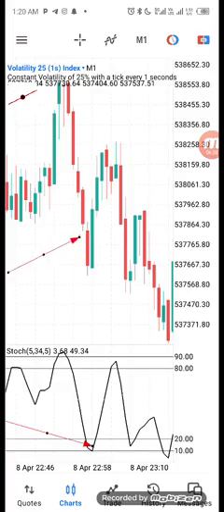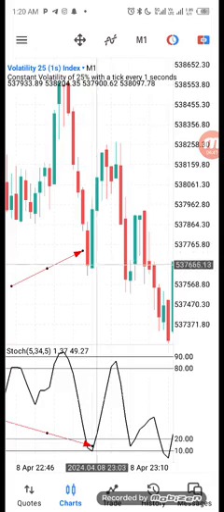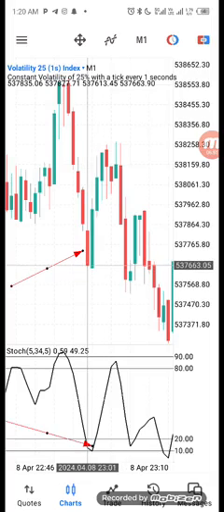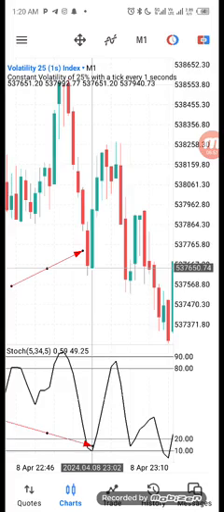Both of them engulf, as in the bullish candle engulfs the bearish candle, which gives us our bullish engulfing pattern. Now, draw a vertical line, because either candle must be present at the time the stochastic line is crossing that range of 10 and 20.